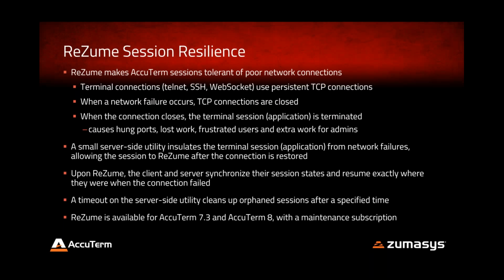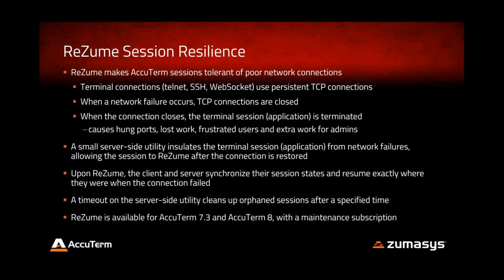So the problem that we're trying to solve is how to maintain your application state on both sides of this connection when the connection is unreliable. Not terribly unreliable, but periodically you'll get a little burp, and you want to not have to lose your work.